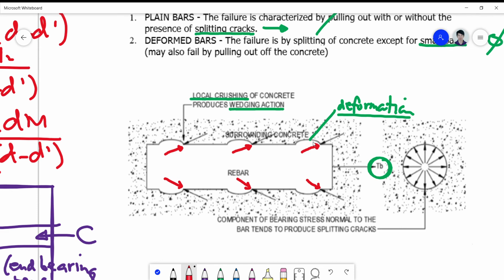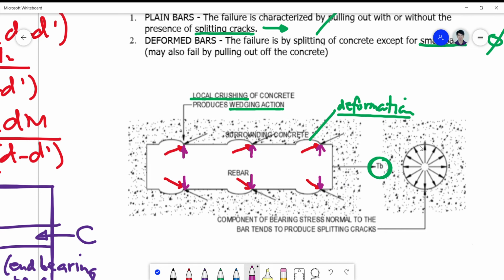When you pull this at this point, exactly at this point, you have a bursting force that is normally very strong in the vertical direction, because the weakness of the concrete will be on the normal direction of the force, not the tangential.